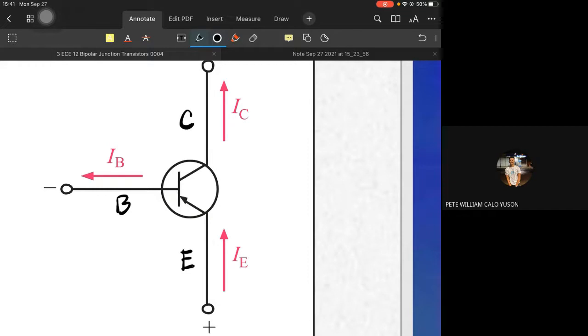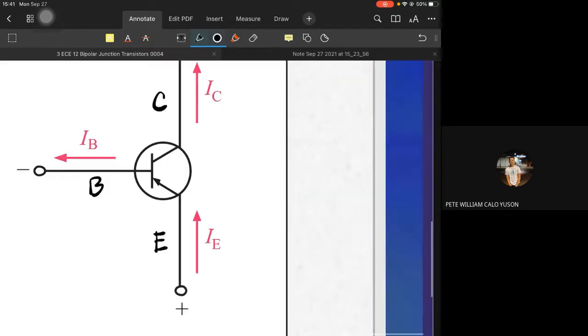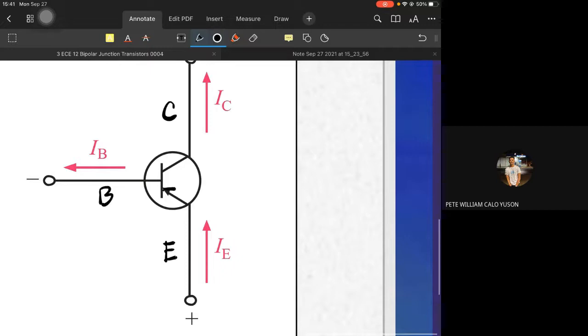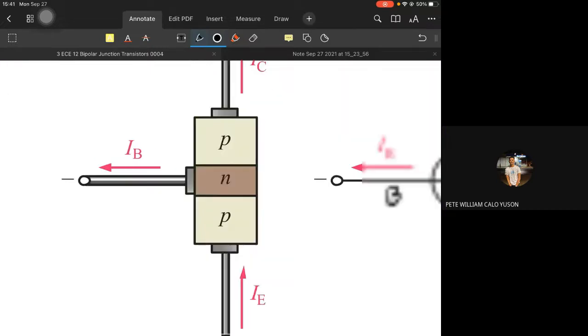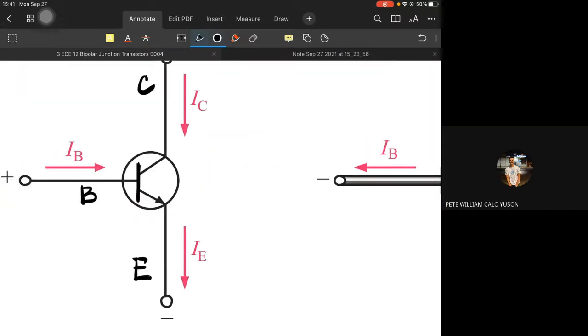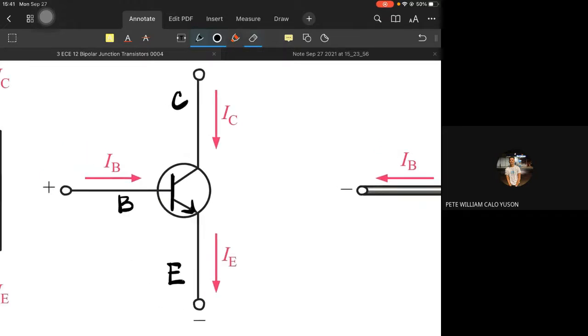Okay? So pasulod ang arrow. Okay? PNP na siya. And basta pagawas ang arrow, or if the arrow is going away from the base, NPN na siya. So, i-memorize na ninyo.